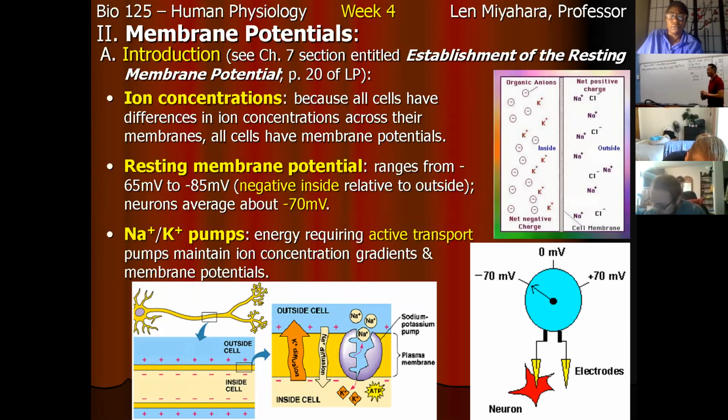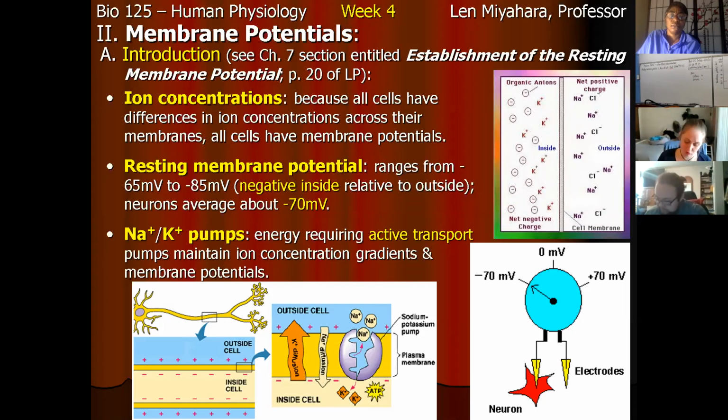You guys remember that when I was going over active transport and sodium-potassium pumps? 3 does not equal 2. That is contributing to the -70. Because all cells have it, all cells actually have a membrane potential. But we're only talking about right now neuron membrane potentials.